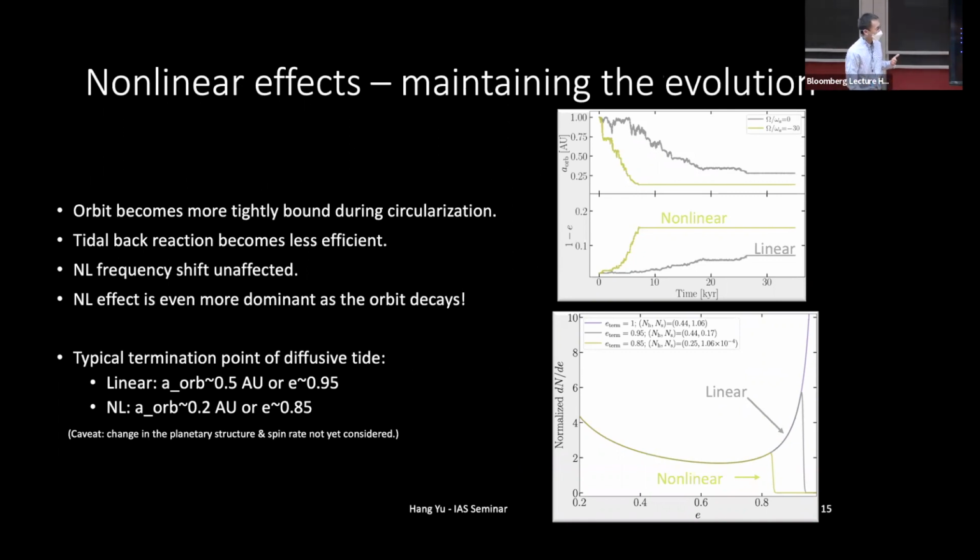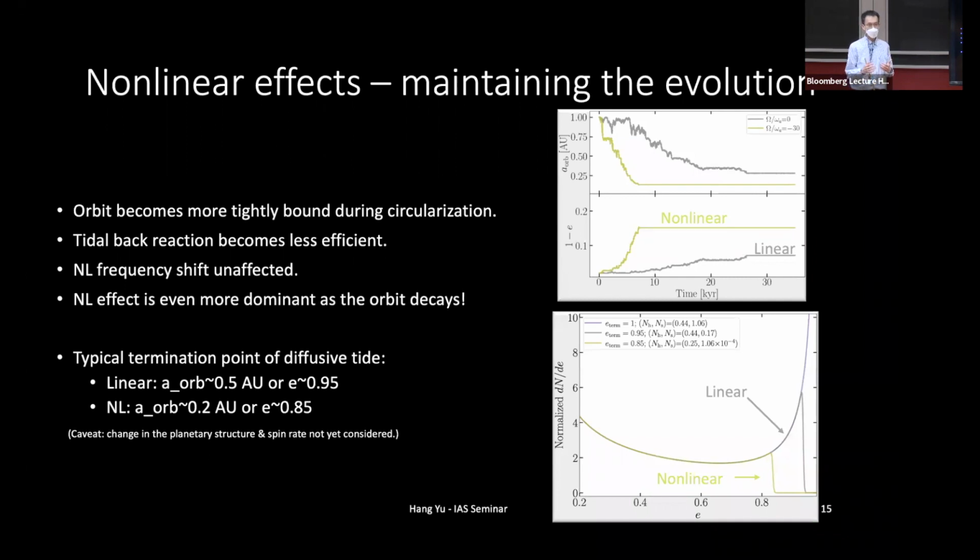I should mention that besides triggering the diffusive tide, nonlinear interaction plays an even more important role in maintaining the diffusive evolution over the long term. The key is that in order for diffusive tide to be maintained, the phase of the F mode needs to remain random at each pericenter passage. However, as the orbit decays, it becomes more tightly bound and harder to perturb by the tidal back reaction.